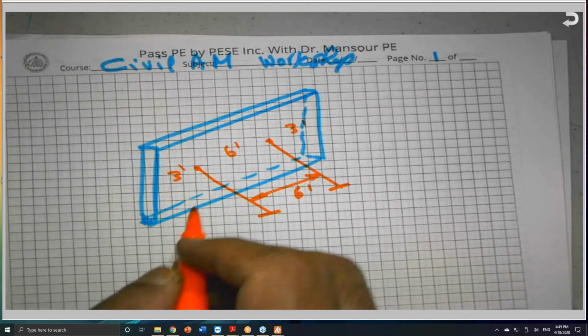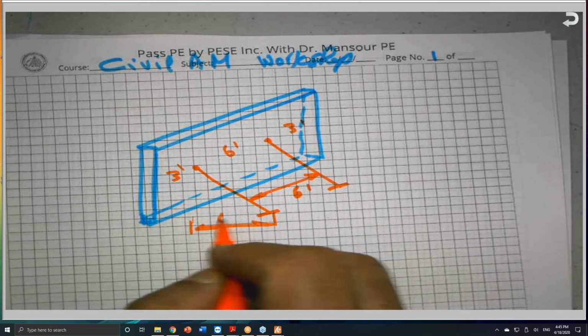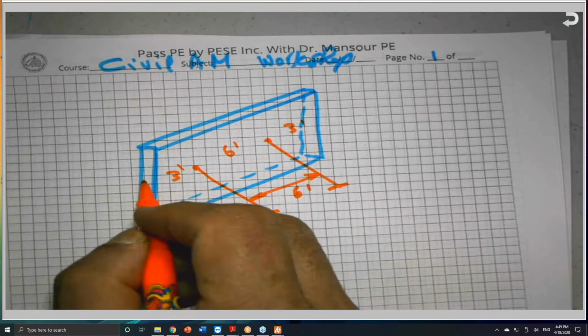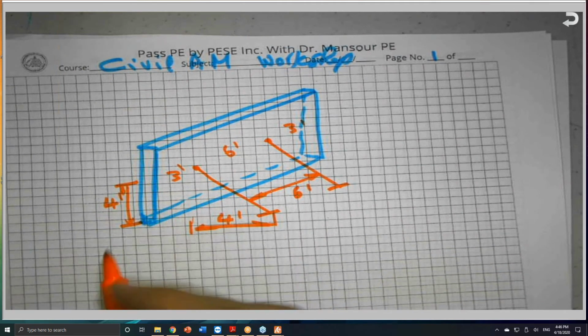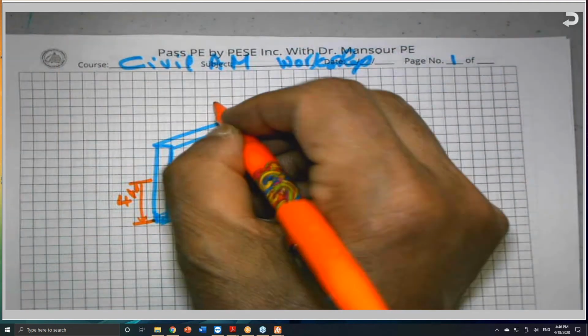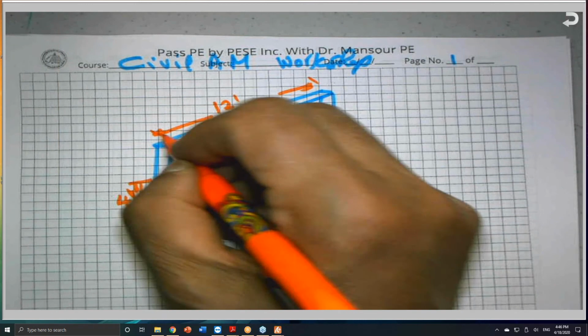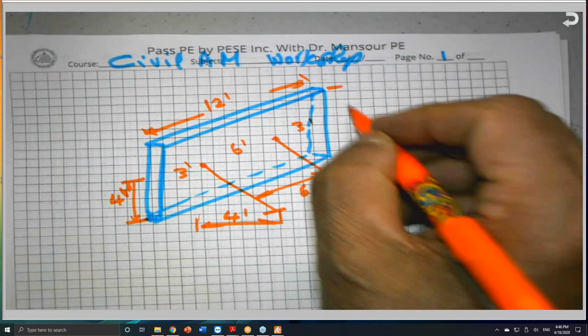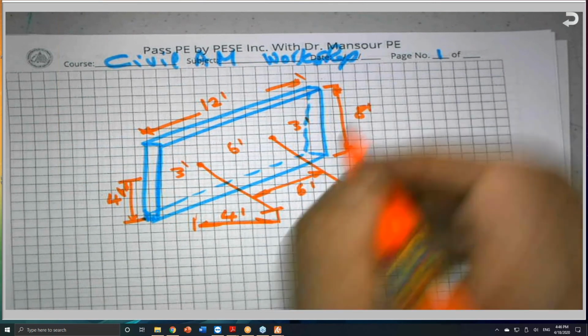And he said that this distance is 4 feet, and they are supported at 4 feet from the bottom of the wall, of the billboard, sorry. And the total is 12 feet, the total length. And here is 8 feet.